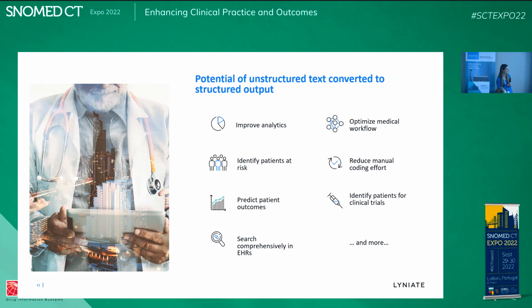It could also be identifying patients for clinical trials, making sure that your inclusion and exclusion criteria are met when it comes to subject selection. And way more, I think we can keep brainstorming. You might have other ideas as well for where it could be used.